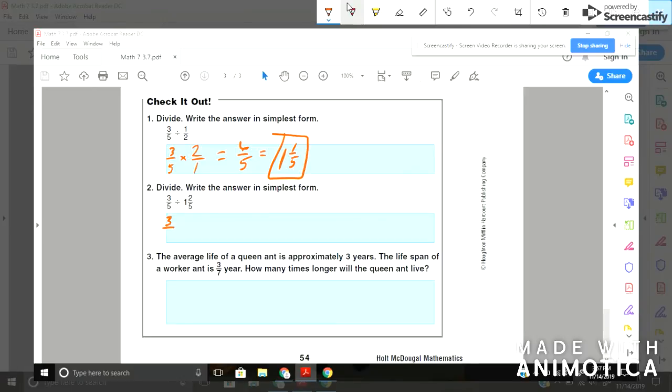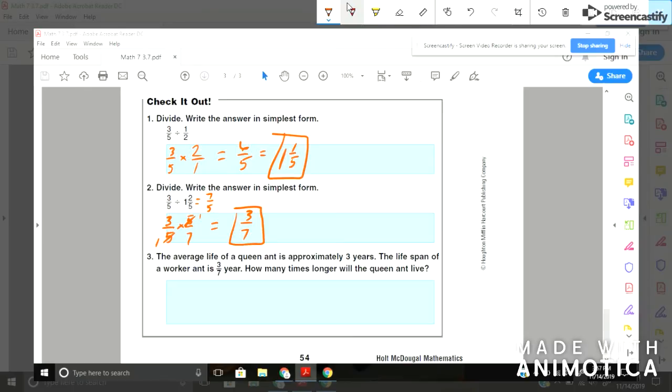Keep first fraction the same, flip division to multiplication, and first I'll make this into its improper fraction. 5 plus 2 is 7/5. So its reciprocal will be 5/7. Both of these are divisible by 5. And multiply across. 3/7.